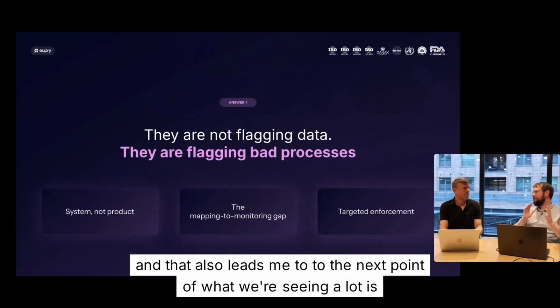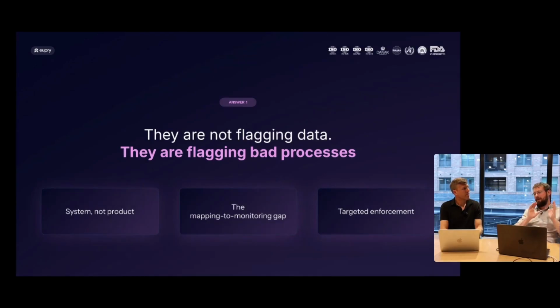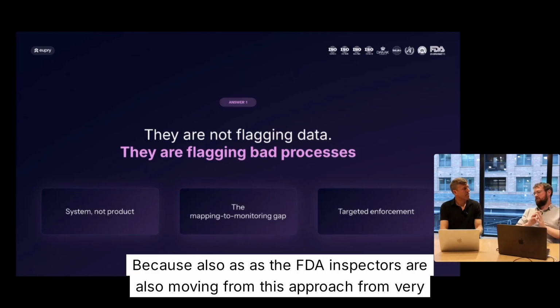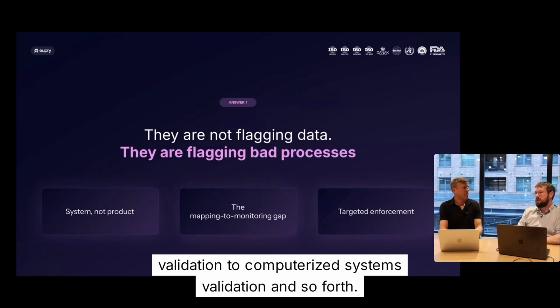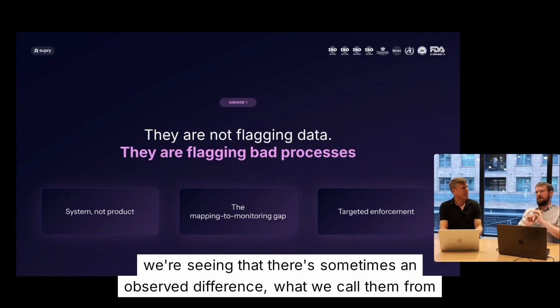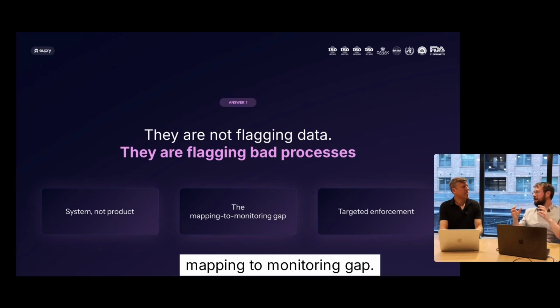And that also leads me to the next point of what we're seeing a lot. As FDA inspectors are moving from a very static validation approach to a more assurance-based approach across the field, from process validation to computerized systems validation and so forth, we're seeing an observed difference, what we call a mapping to monitoring gap.